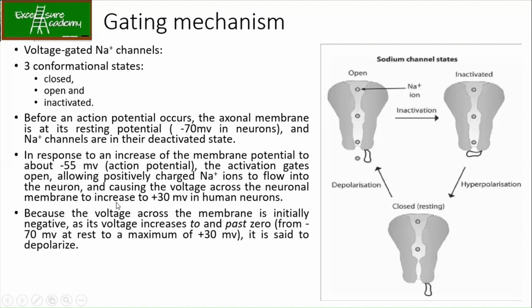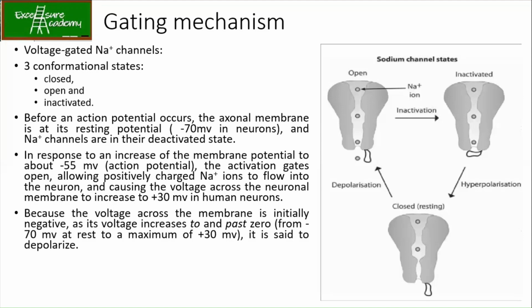This will result in the activation gates opening for the positively charged Na plus ions. So first K plus came and changed minus 70 to minus 55 millivolt. And as you know, when there is a change in the membrane potential, that results in a conformational change in the sodium channel. Correct?